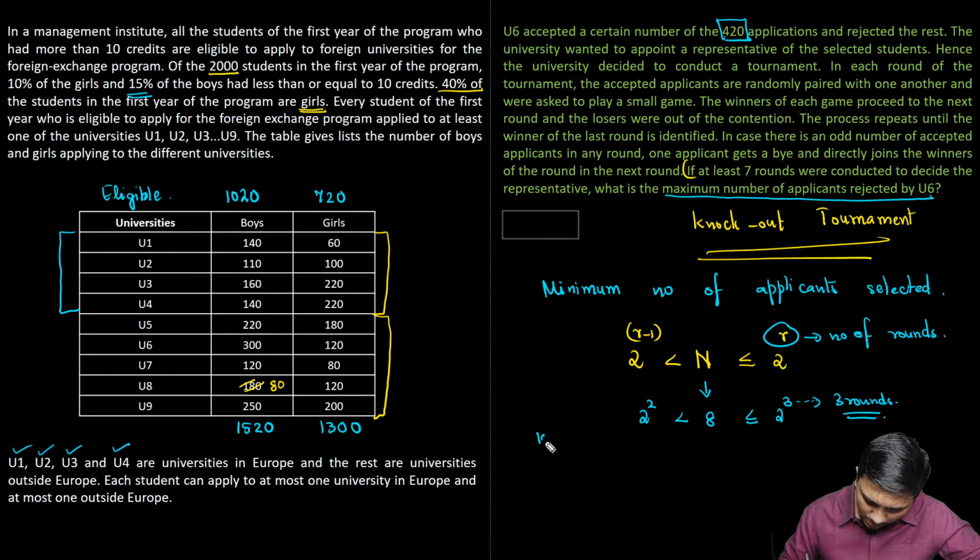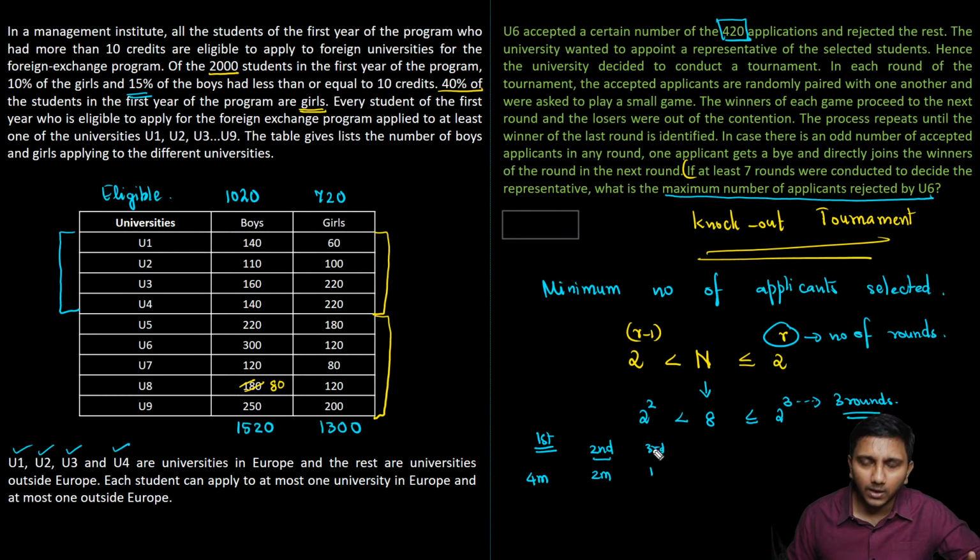So in the first round, what will happen? As there are 8 people, I will have 4 matches. Right? So first round I will have 4 matches and I will get 4 winners. So in the second round I will have 2 matches. I will get 2 winners. In the third round, the 2 winners of the second round will come and there will only be 1 match. With that, I'll be able to decide my winner. So that's how this whole situation is going to work.